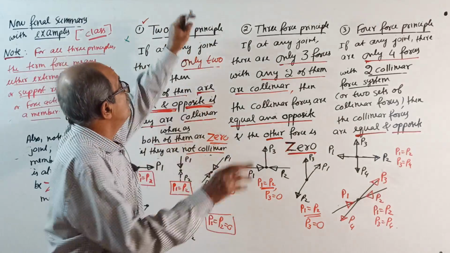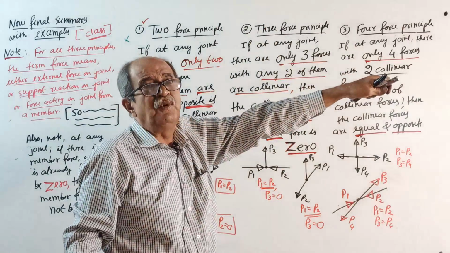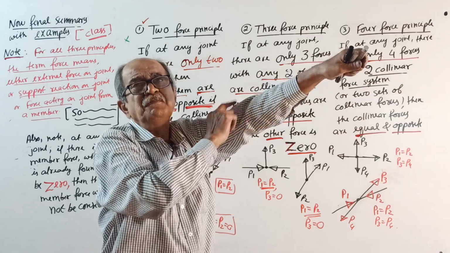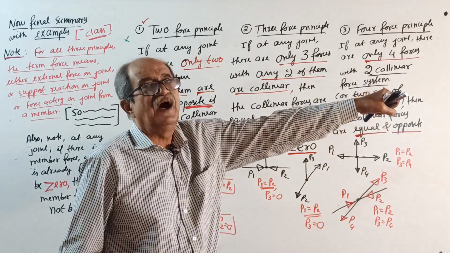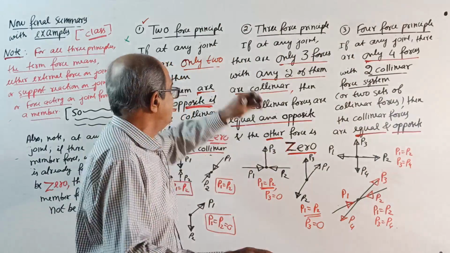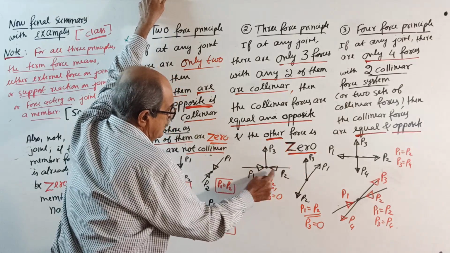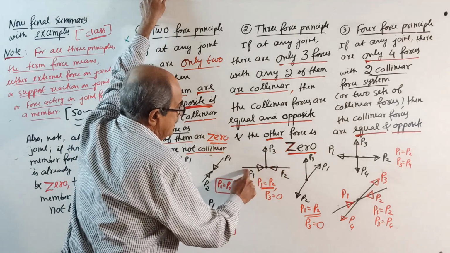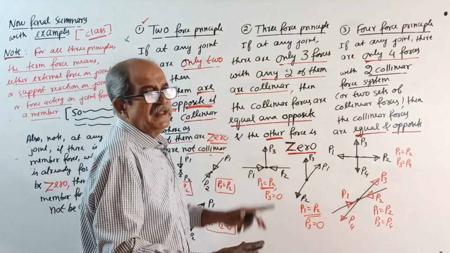Now, the three force principle. What is the principle? Three forces, two of which are collinear. It does not matter whether those two are horizontal, vertical or inclined. Here I have put P1 and P2 horizontal. These are collinear, and this is the other one. The 90 degrees is not required; it is not a rule.